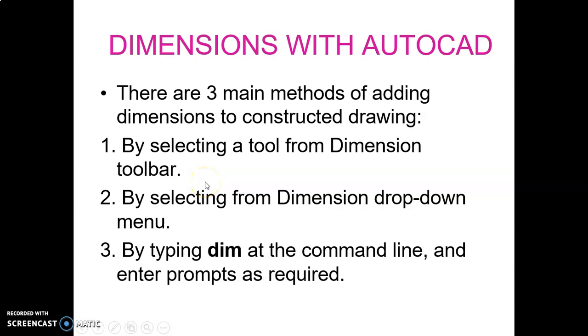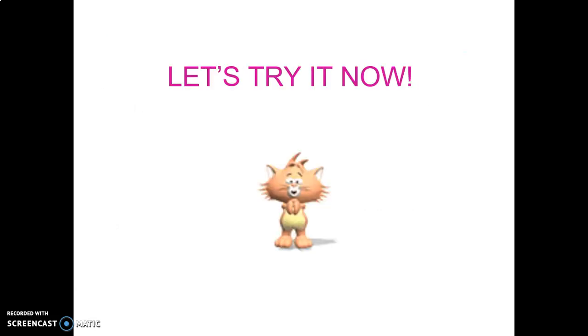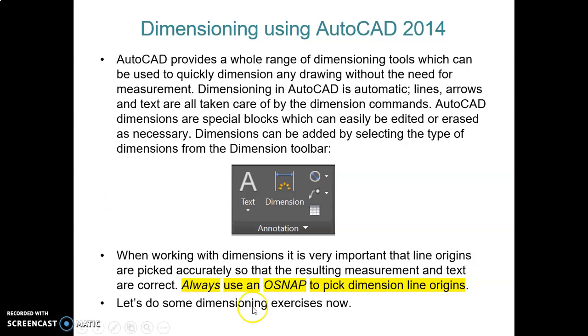Kan ada kotak kat atas tu. And then number 3, by typing dim at the command line kat bawah. So let's try it now. This is the dimension punya dekat toolbar tu. So ni kita sambung the next.